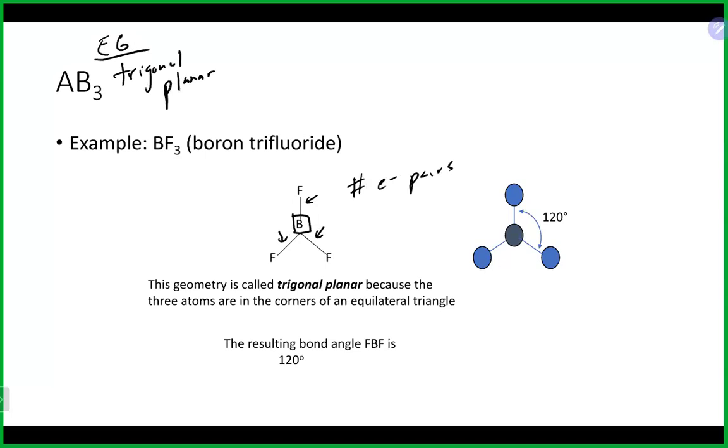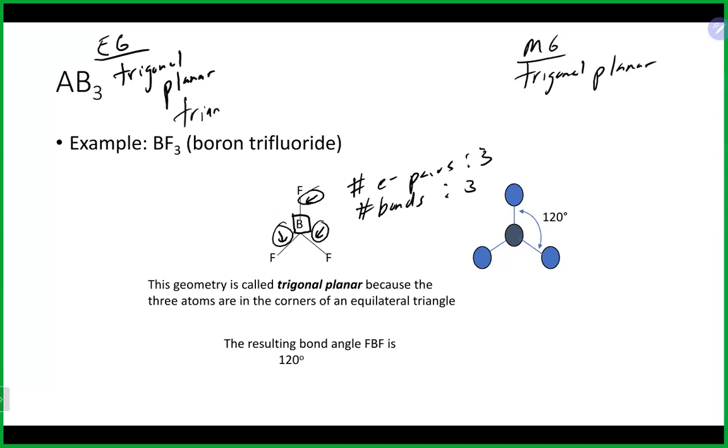Again, in this case, we have 3 bonds, 1, 2, and 3. They're all bonds. The molecular geometry name will also be trigonal planar. Some people call this triangular.